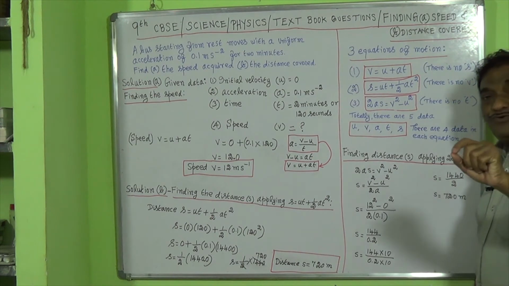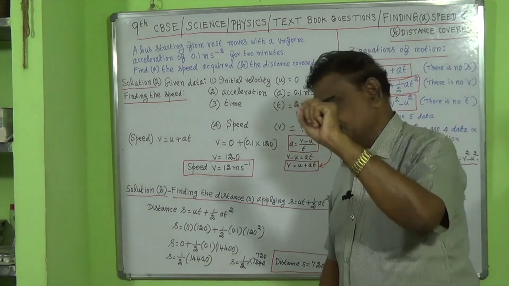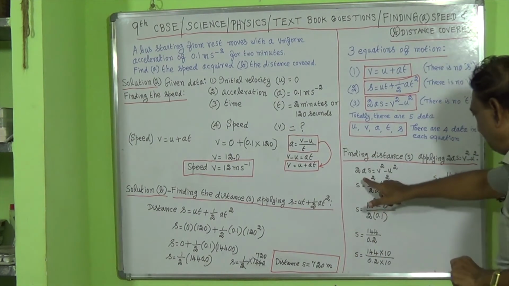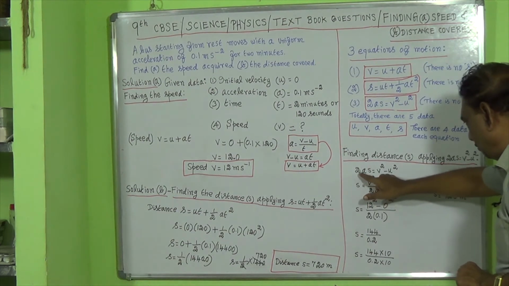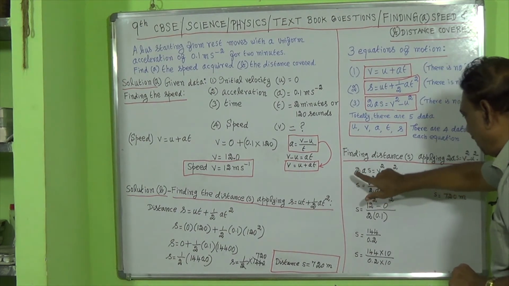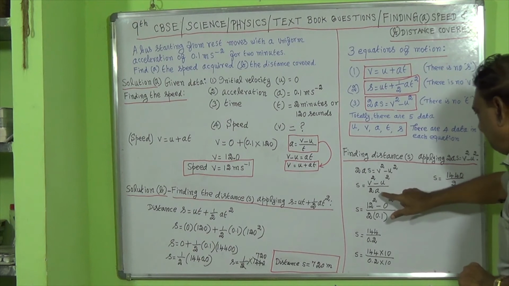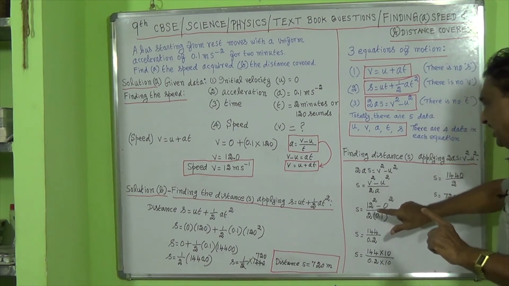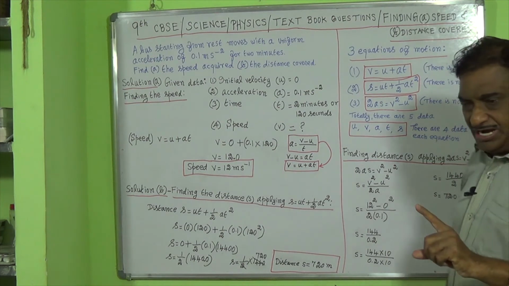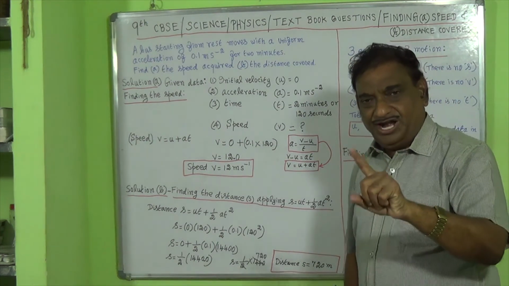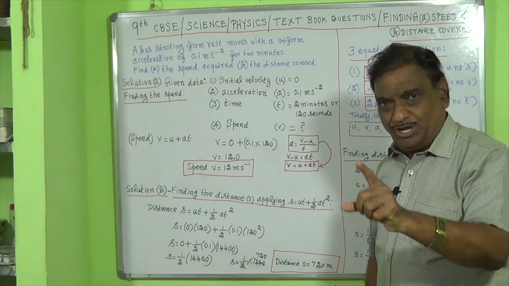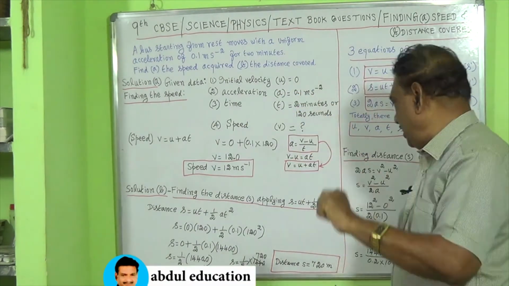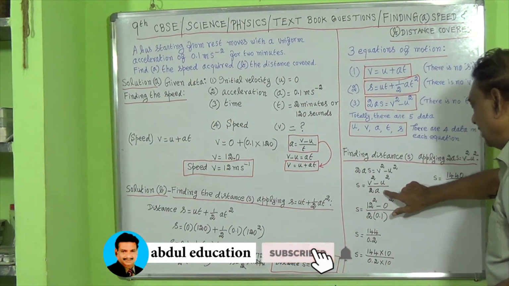Because we have to find the distance S. So if we bring this 2a from the left side to right side, it will become the denominator. Thereby we will get the equation for the distance covered S as v square minus u square by 2a.